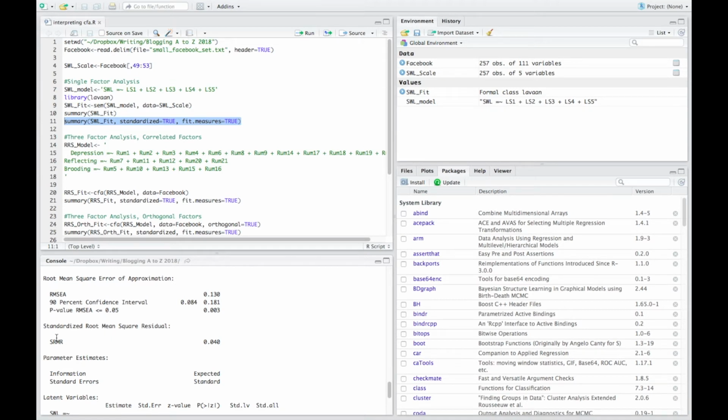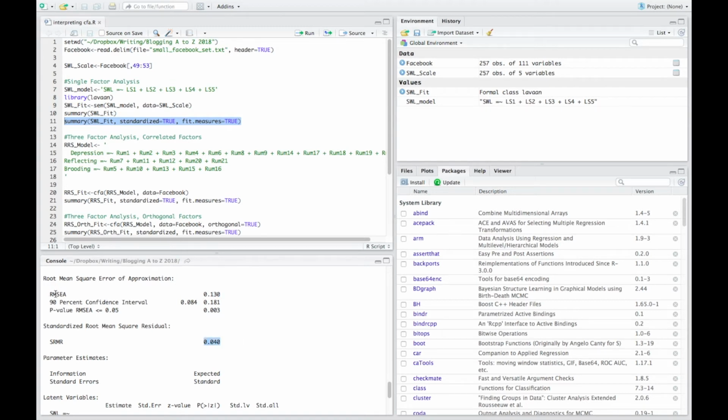Like I said, I'm going to write a blog post later on where I actually give you the nitty-gritty of what these different things mean, because those are more complex concepts. But these are two things that I look at, and the cutoffs that I use: for RMSEA, I use 0.07. So we want it to be less than or equal to 0.07. And for SRMR, I tend to use 0.08.